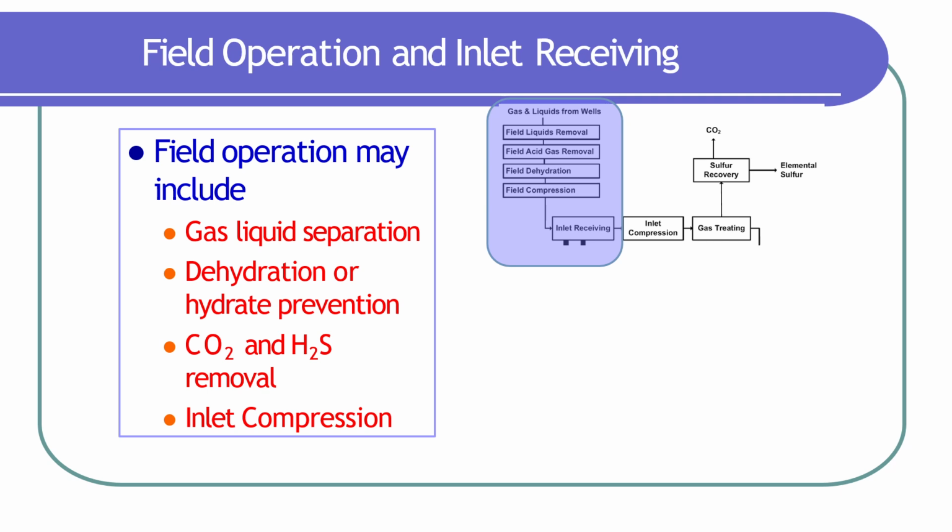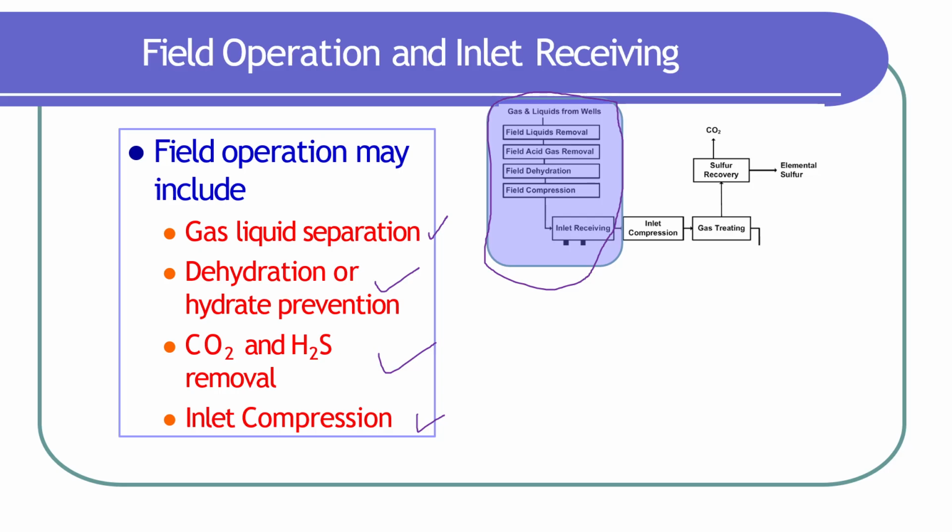The field operation and inlet receiving, which is the first unit that the gas will enter, has several duties. The main duties are the gas liquid separation, or removing the liquid from the gas stream, the dehydration to prevent the formation of hydrate, the removal of H2S and CO2, and what we call the inlet compression.